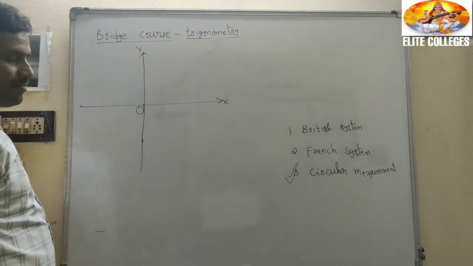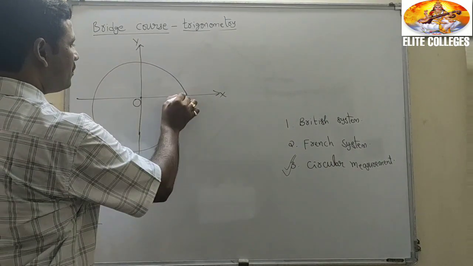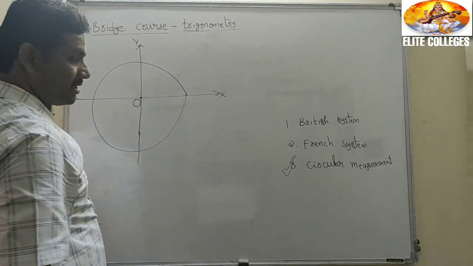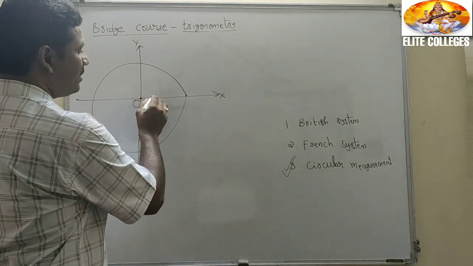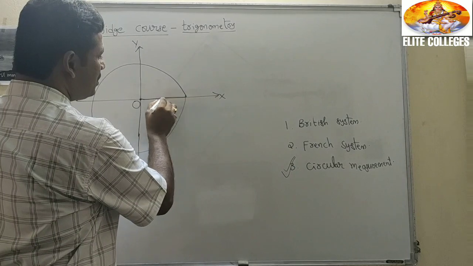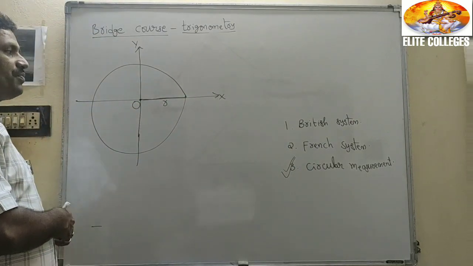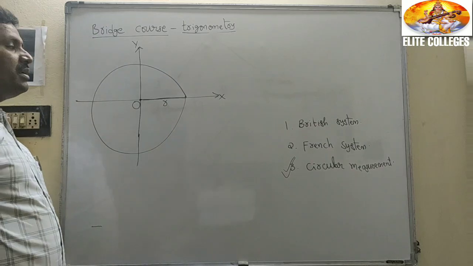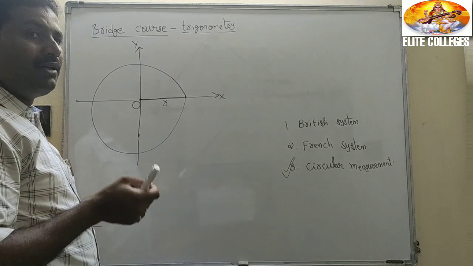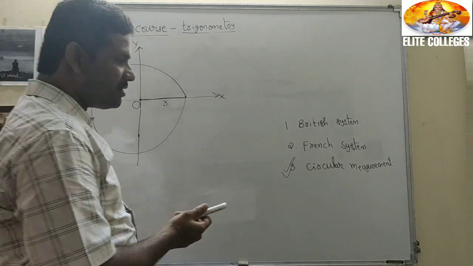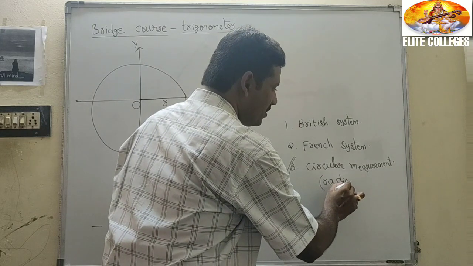Now draw a circle with radius r, that means this distance is r. In circular measurement we measure the angle in radians. This circular measurement is also called the radian system.